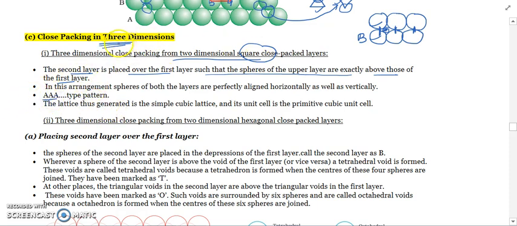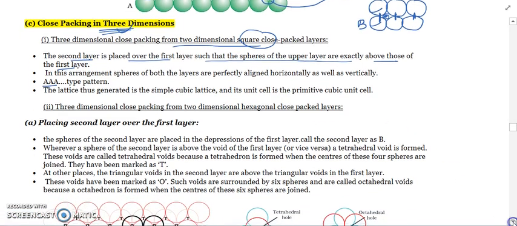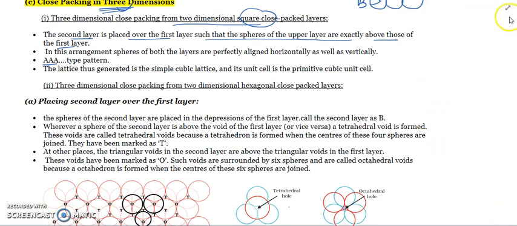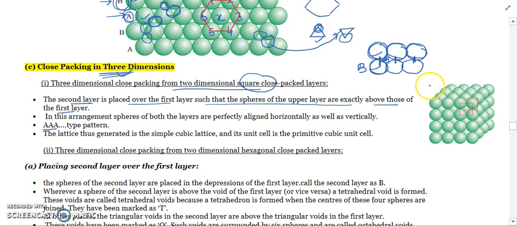Now, how do we get the three-dimensional structure? Like this. When we arrange these spheres, and just above these spheres we align more spheres, then we will get this type of three-dimensional shape, one just above the other. The base layer is a square close packed layer.